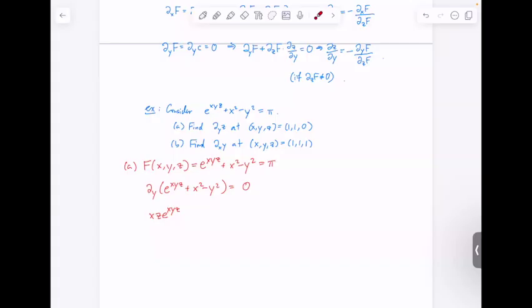But remember that z here is defined implicitly in terms of x and y. So I need to also differentiate this in terms of the dependency in y via z. So what do I get? I get a term that says xy e to the xyz, right?